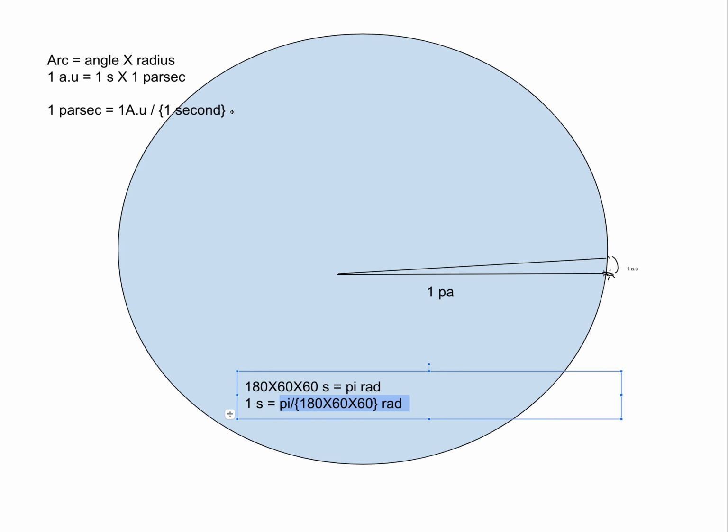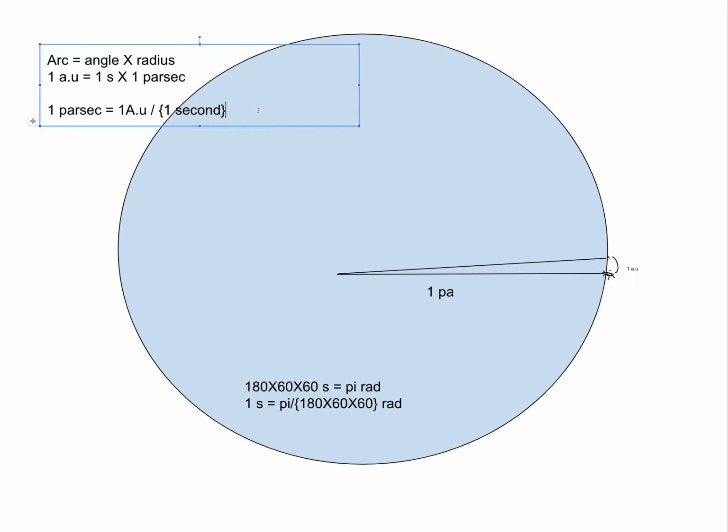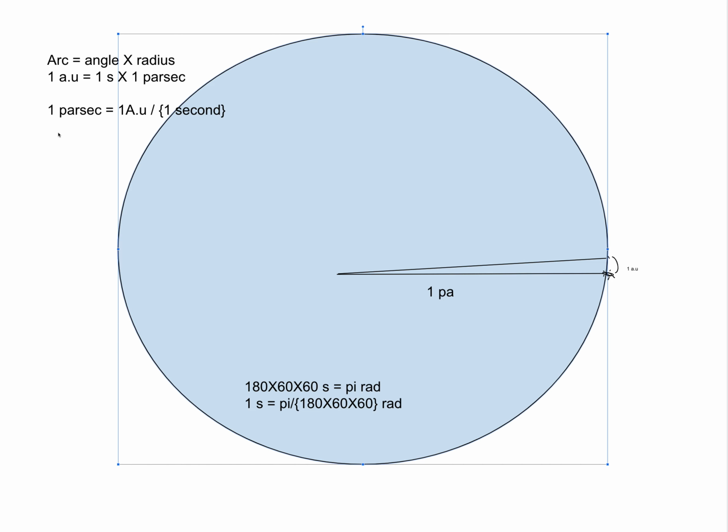So this becomes, okay, I will write it. It's better if I write it, because it's very difficult to type. So I will write it like this: 1 parsec. Okay, it's not allowing me to write it.